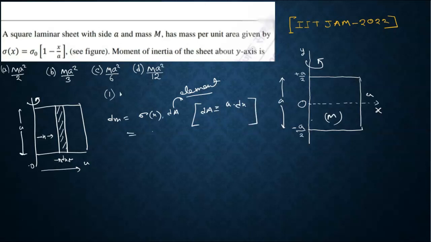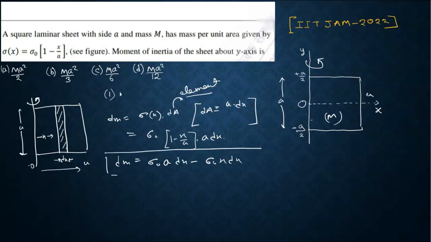So that is sigma naught into 1 minus x by A into A dx. So we have found the elementary mass. Let's simplify this: sigma naught A dx minus sigma naught, in this case A cancels out, x dx. This is our dm.